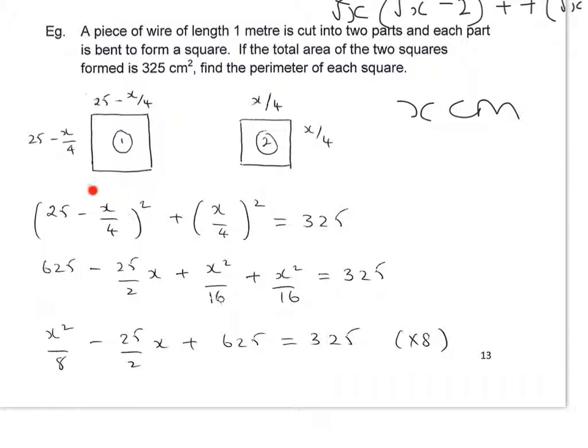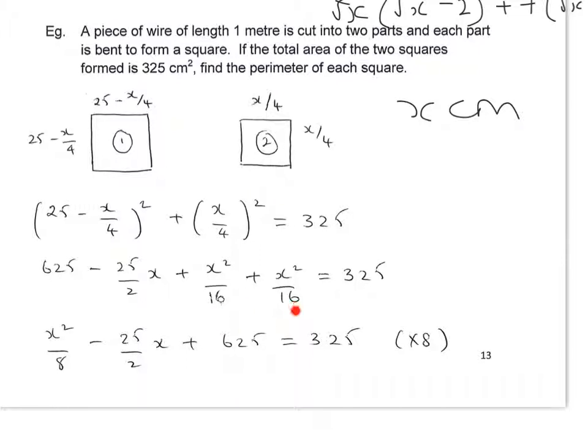And I'm told the total area of the two squares. So there's one side of the first square, so the area is (25 minus x over 4) all squared. The second square, (x over 4) all squared, gives me the area of the second square, and I know the total area is 325 centimetres squared. So multiplying out our first bracket, we get 625 minus 25 over 2 x plus x squared over 16.